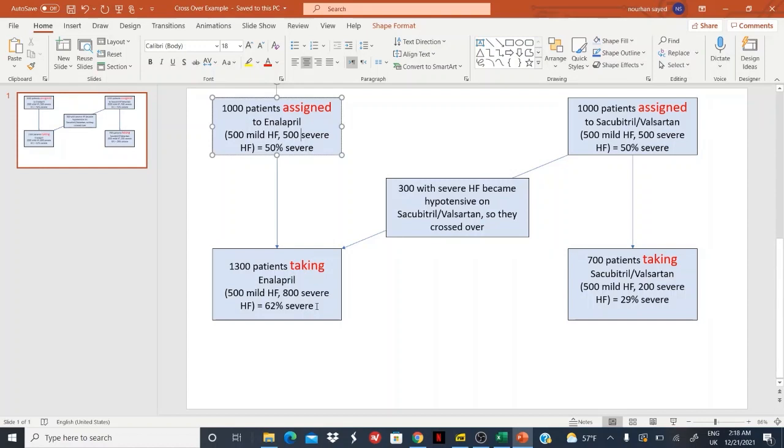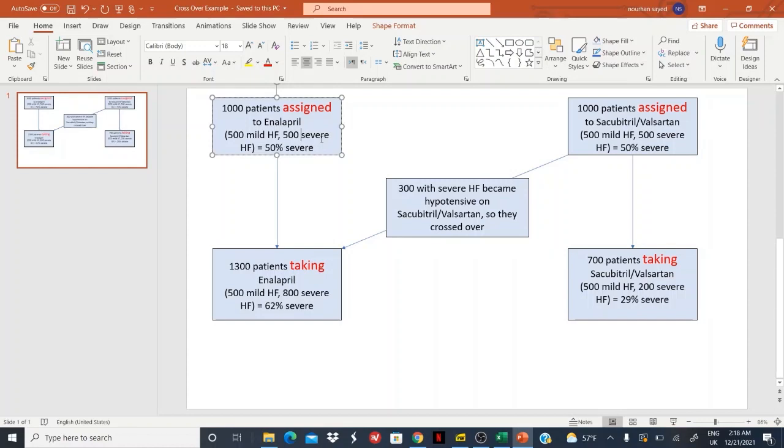29% versus 62%. And so this is why we usually don't end up analyzing the trial by the number of patients taking a specific intervention. Because if we do that, we might induce imbalances in the characteristics between the two arms. And so what we usually prefer doing is assessing patients based on the arms to which they were assigned, right?